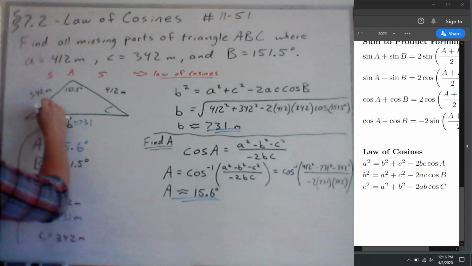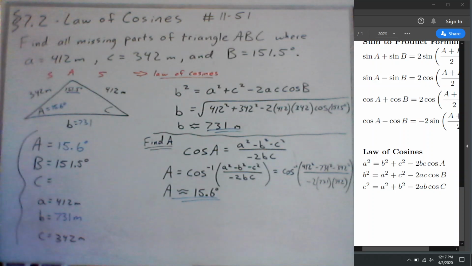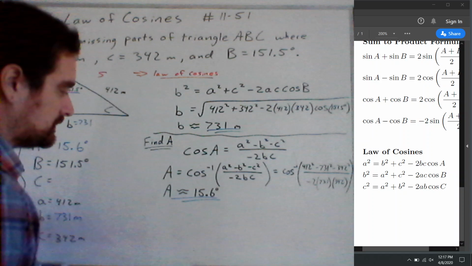So now at this point, you've got 2 of the angles, 15.6 degrees and 151.5 degrees. You can just go for it.